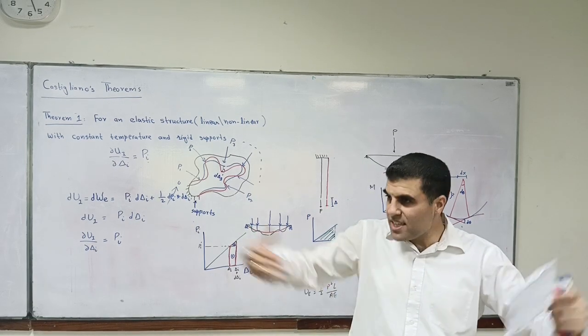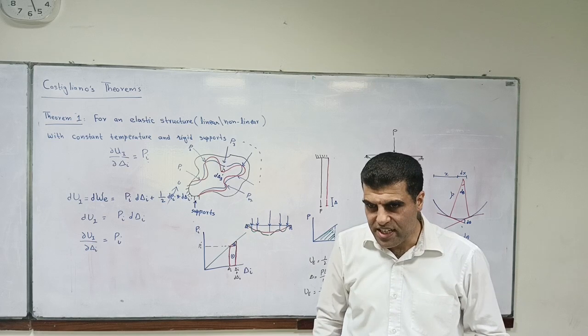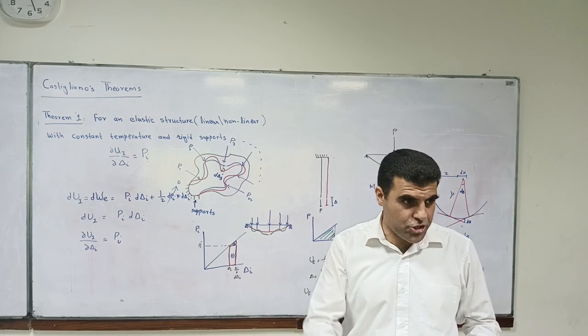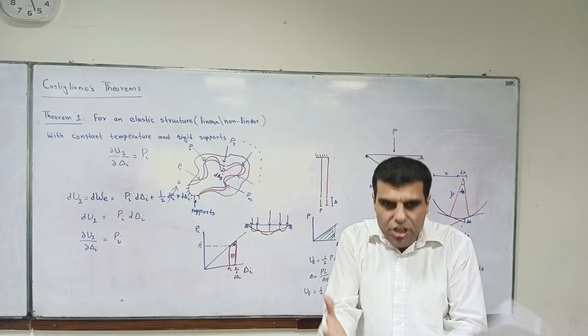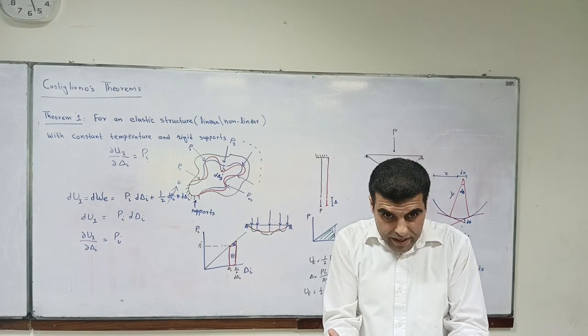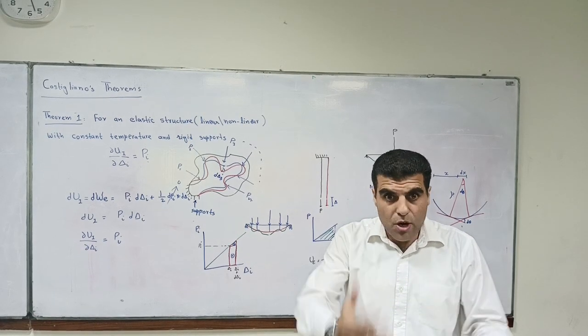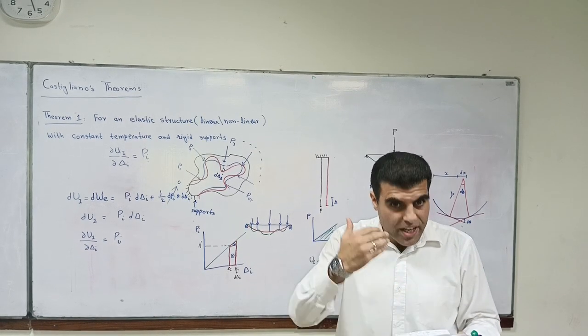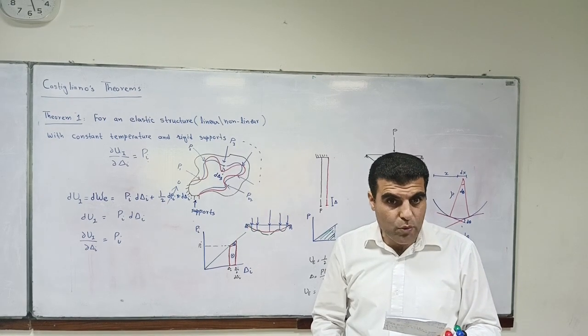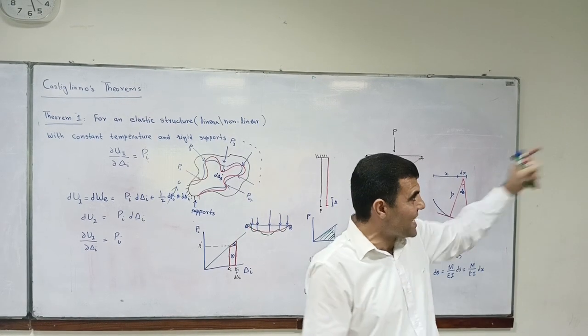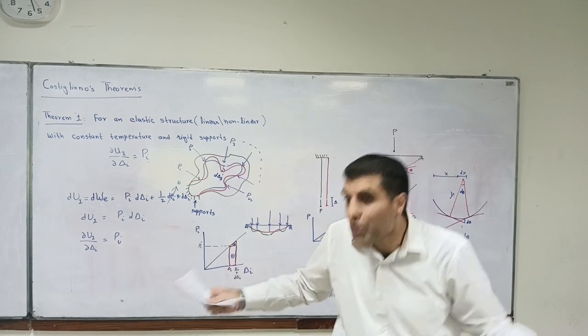And this room is subject to many loads, isn't it? If you manage to find out the internal energy of this room, what will happen? You can use that internal energy equation to find out load at any position on this room if you don't know it.